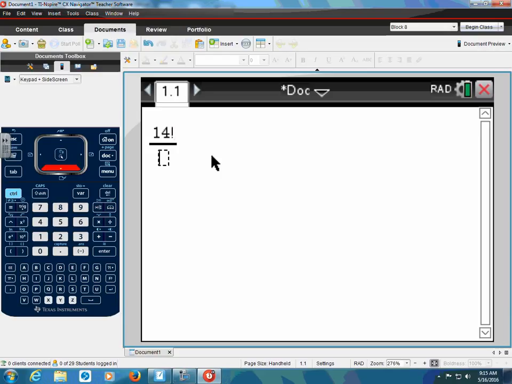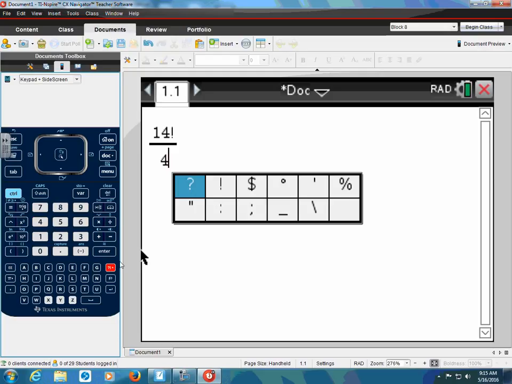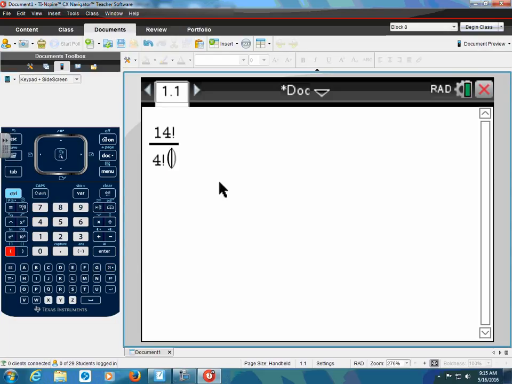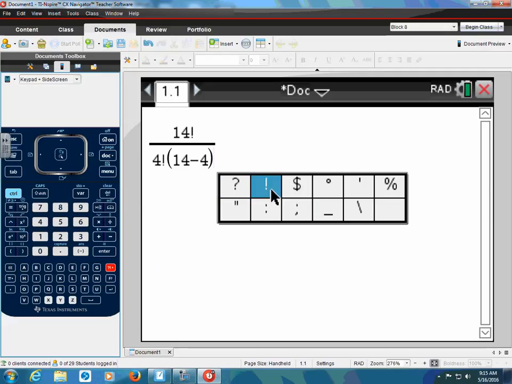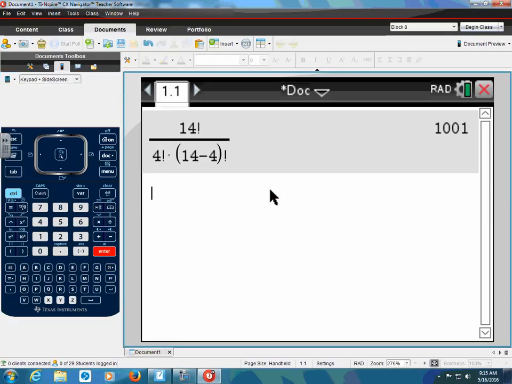So 14 factorial. Then on the bottom it was 4 factorial. And then in parentheses, 14 minus 4 with the factorial on the outside. So you should get 1001. Again, you could do that same thing just by listing them out. I just don't really have a ton of room up here. And that's a good way to check also.